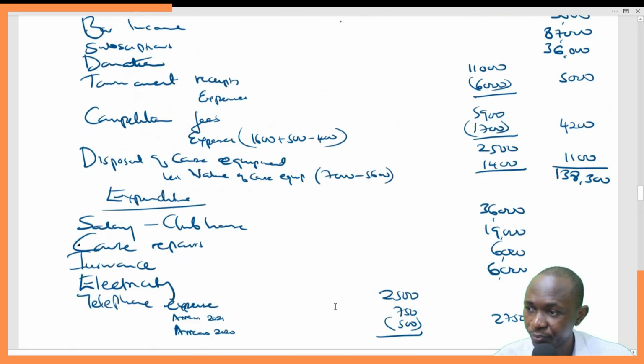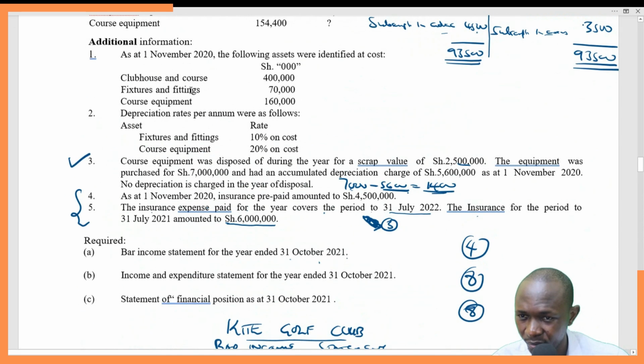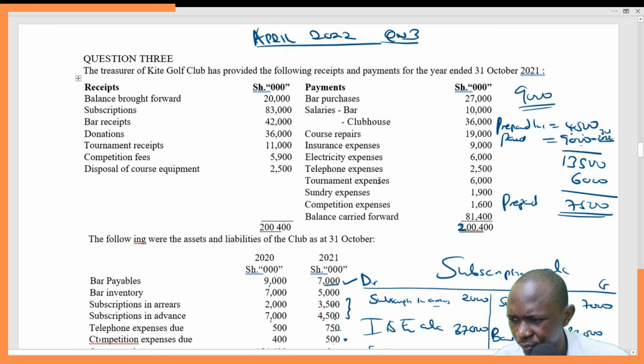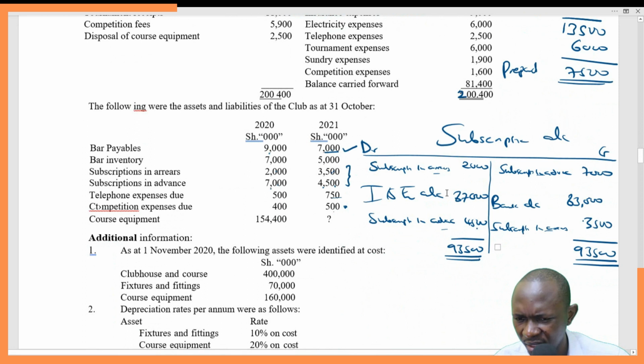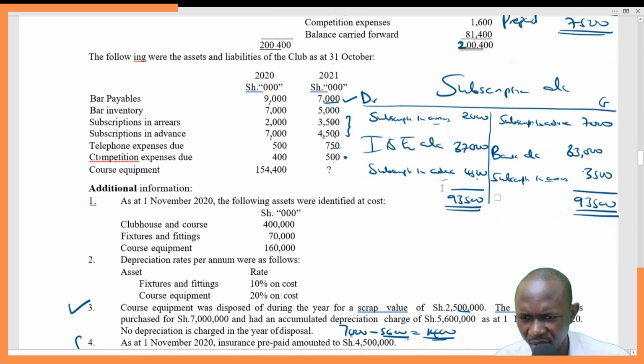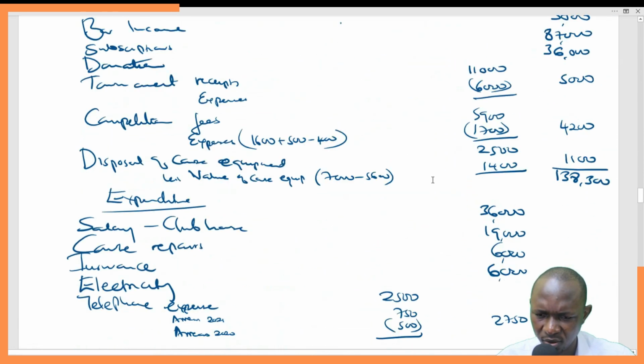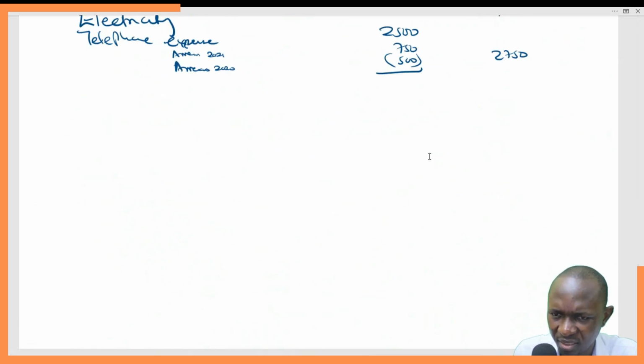Then we move on. Tournament expenses we've captured. Sundry expenses 1,900. I doubt if there's something on sundry expenses. I'm not seeing anything, so we'll capture it as it is.